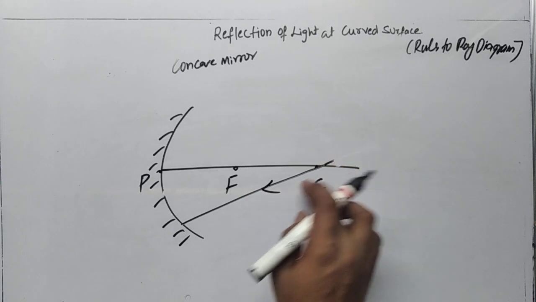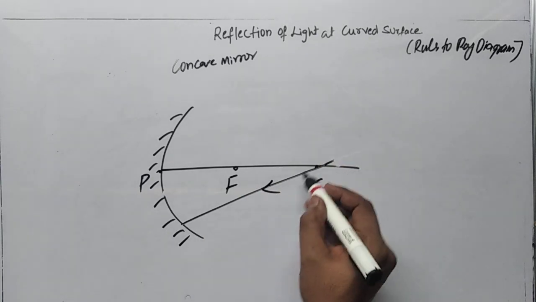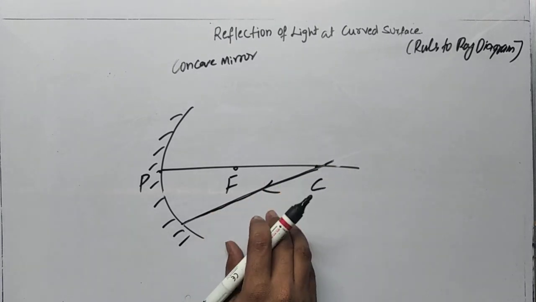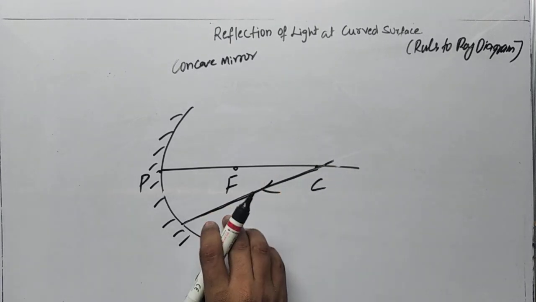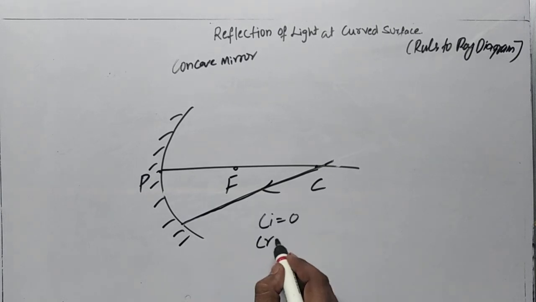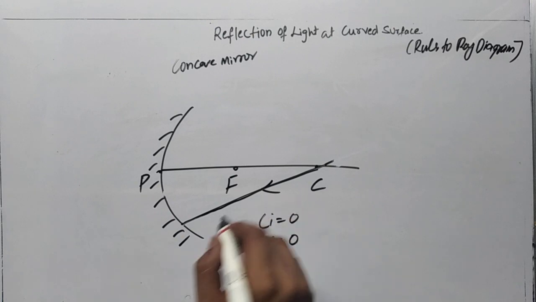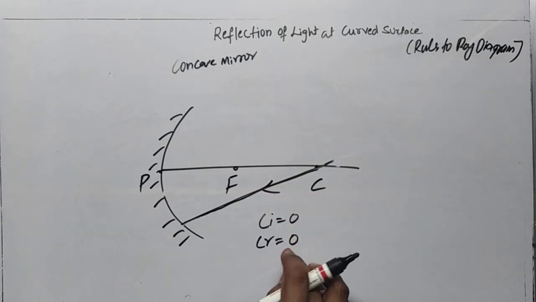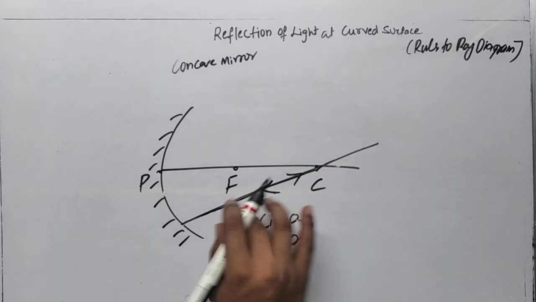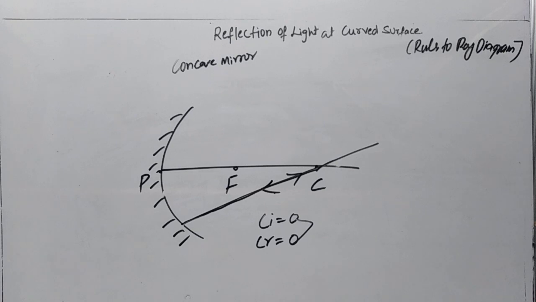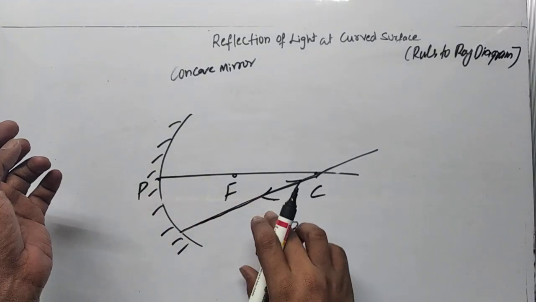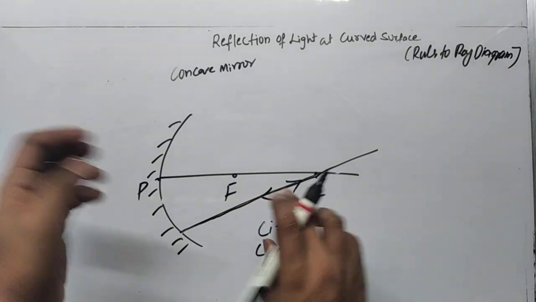Whenever a ray passes through the center of curvature, you can see here the normal and the incident ray are the same. So the angle of incidence is 0, and so the angle of reflection is also 0. So the incident ray and reflected ray will both be on the same path but in opposite directions.